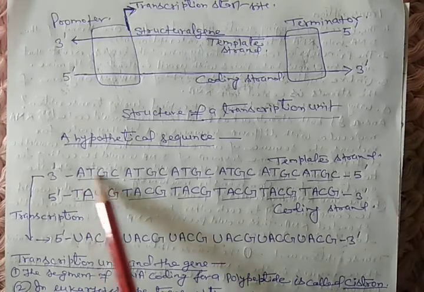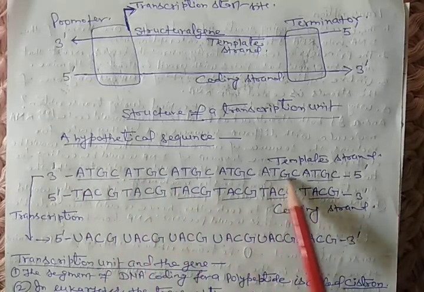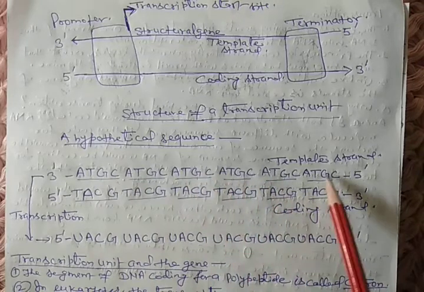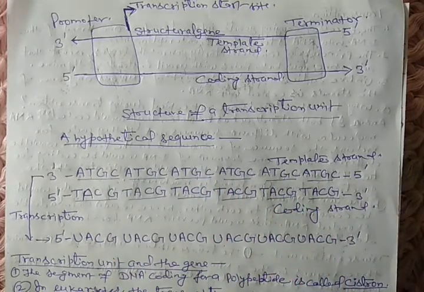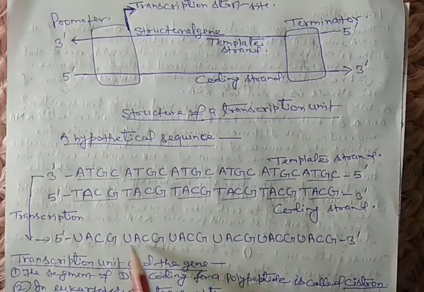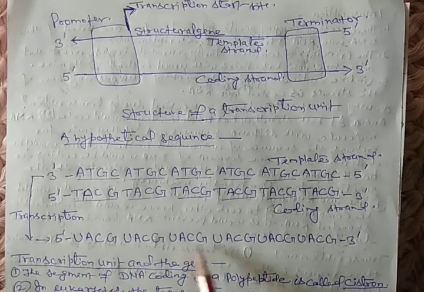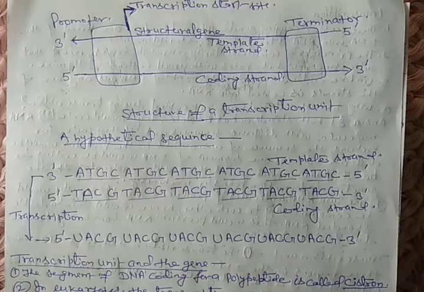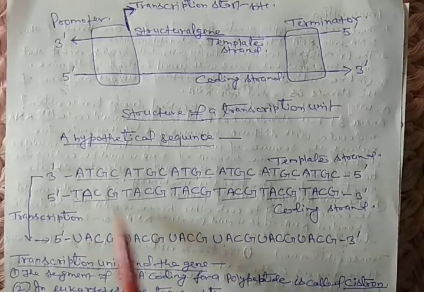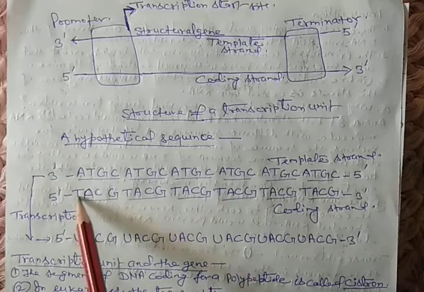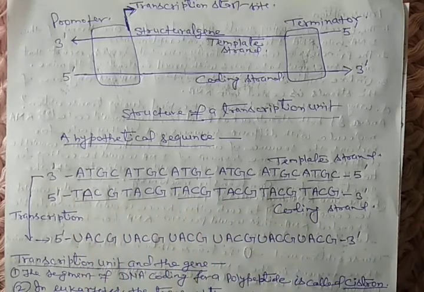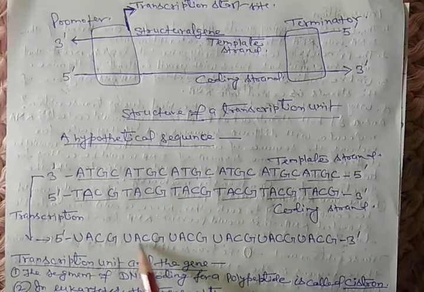So ATGC, ATGC, this is the sequence of bases in the template strand. And the sequence of bases in the newly formed RNA would be UACG, UACG, likewise. Now see the sequence of the coding strand: TACG, TACG, and in the RNA UACG, UACG.